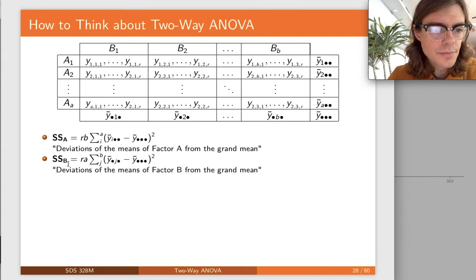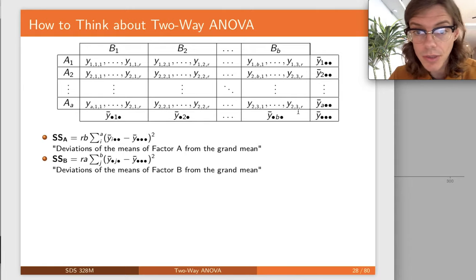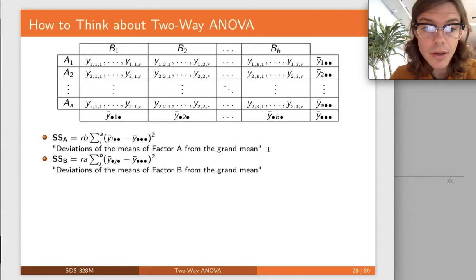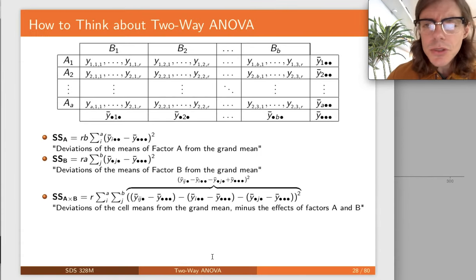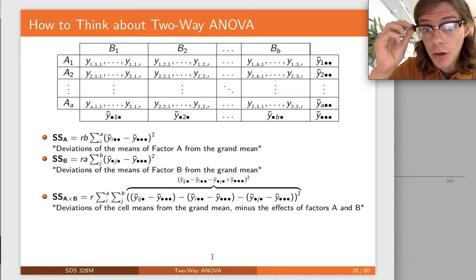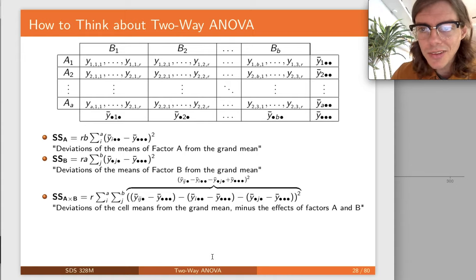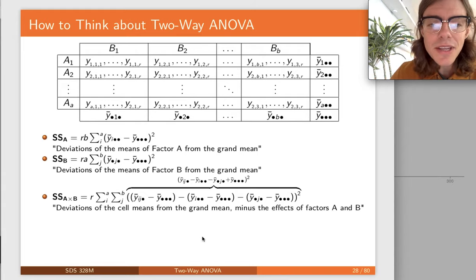And then the sum of squares for factor B is how far this one is from the grand mean, how far this one is from the grand mean, and this one too. Square them, add them up. So those are just like the regular sum of squares between for a one-way ANOVA. The interaction sum of squares is hairy. It's annoying to calculate.